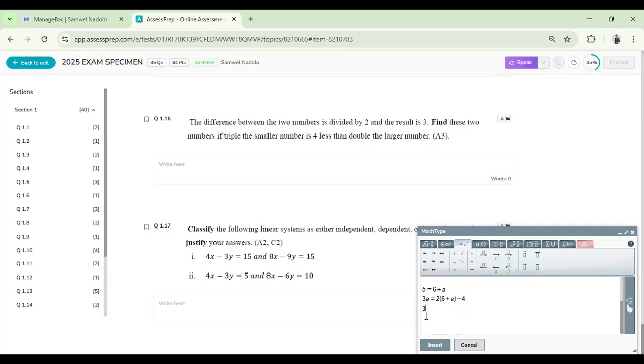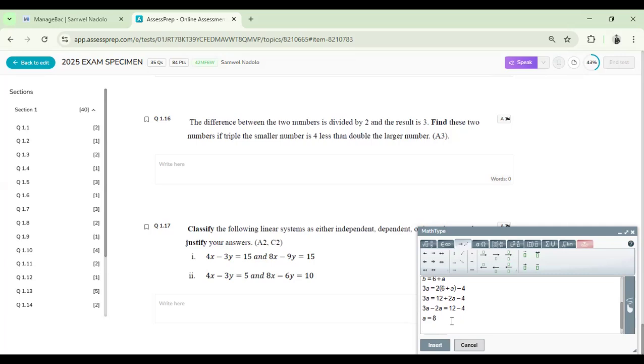So it will be 3A is equal to 2 times 6 is 12, and 2 times A is 2A, minus 4. Collect like terms: 3A minus 2A is equal to 12 minus 4. 3A minus 2A is A, equal to 12 minus 4, which is 8.